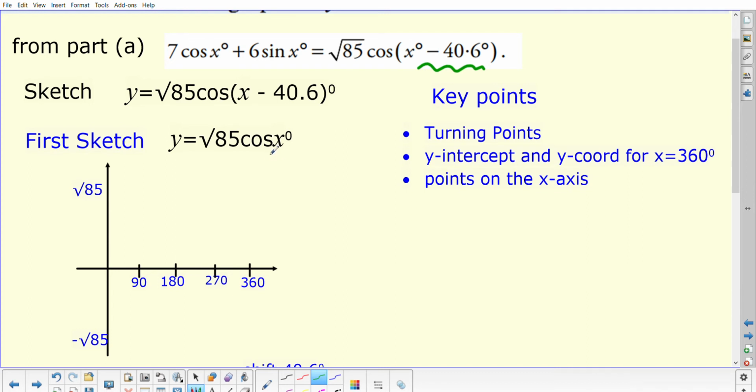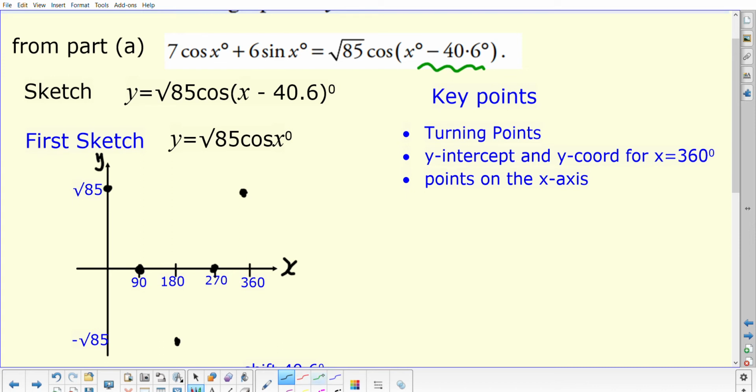So for the basic cos graph, sticking a number in front, remember all that does is change your maximum and minimum value. So you can quick sketch your axes, and remind yourself the cos one is like the big dipper, so it's going to start at the top, root 85, come down, and that'll be your minimum turning point, go back through there, and then this is what I mean about the y-coordinate for x equals 360, you're back up at the root 85.